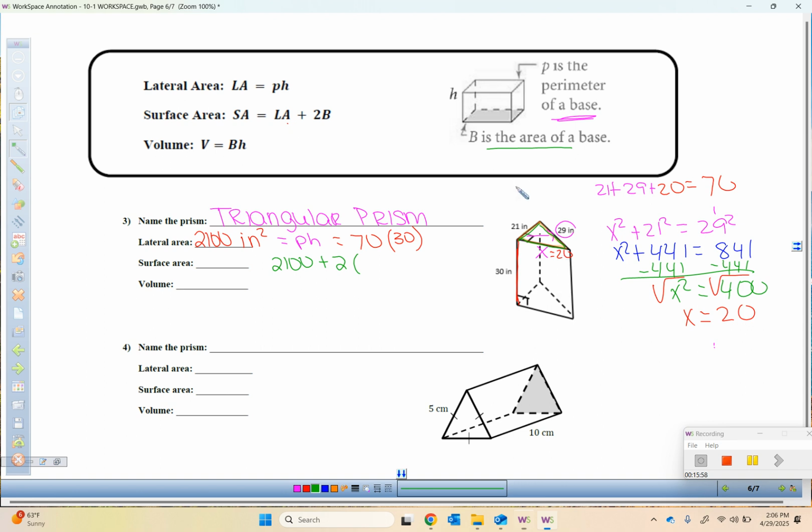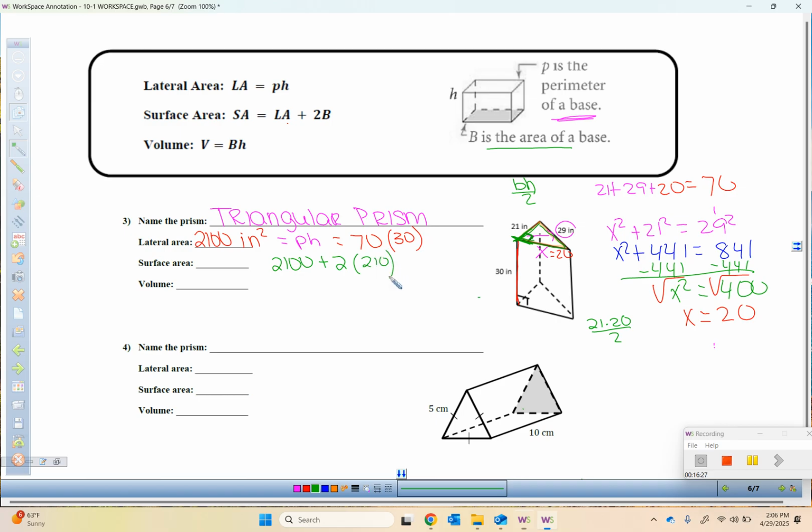Yes, formula for a triangle is base times height divided by 2. How do we know which one's my base and which one's my height? That's important to know. The height is always perpendicular with the base, so it's where that 90-degree angle is. So my base is 21 and my height is 20 divided by 2, and it is 210.